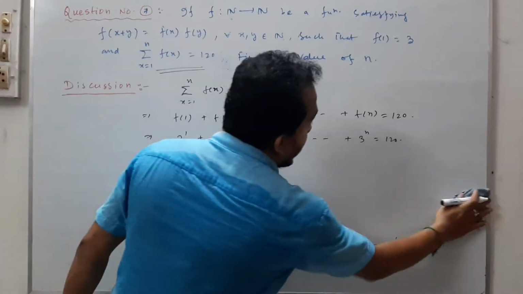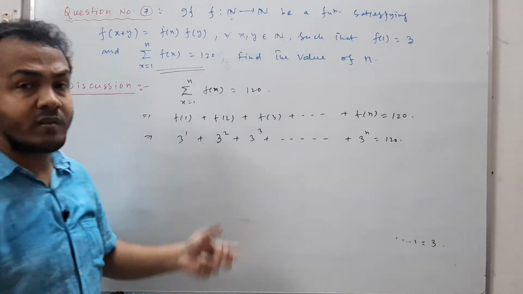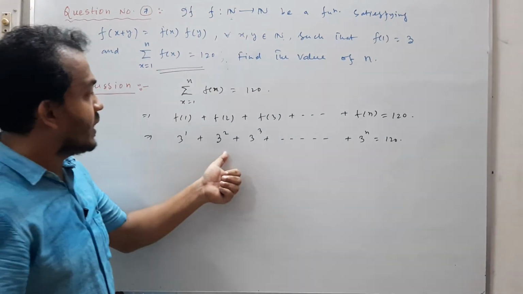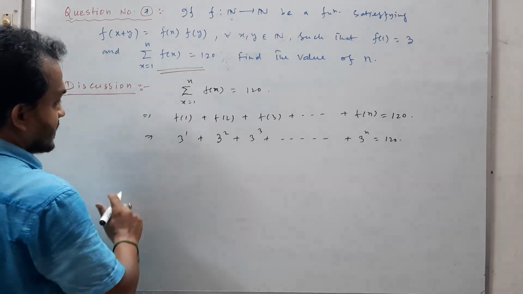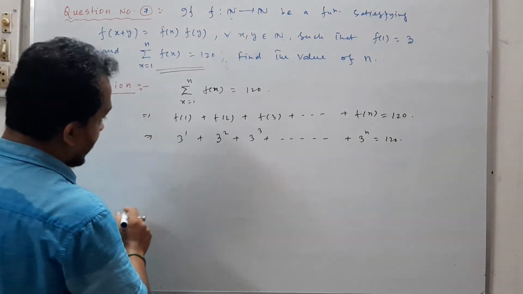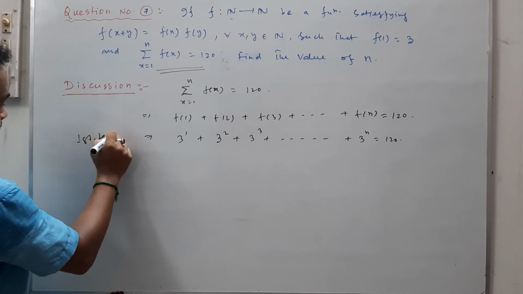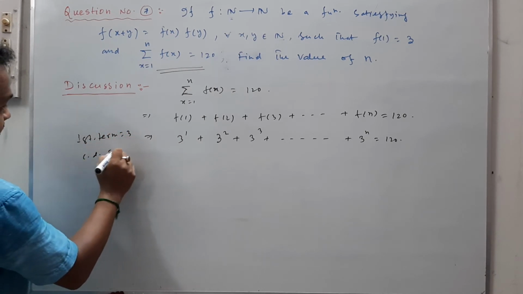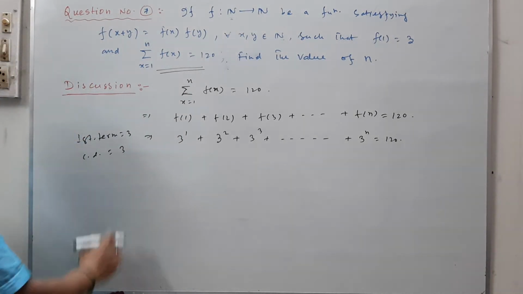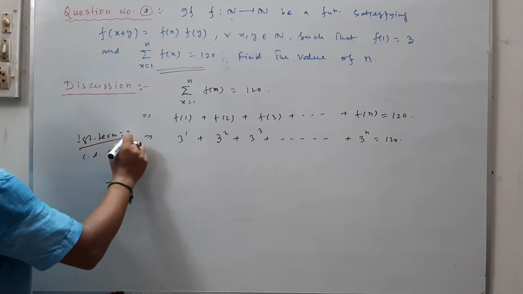This series is a GP series, a geometric progression, because the terms are 3, 3 square, 3 cube, ... 3 power n. The first term is equal to 3, and the common ratio is also 3. If we divide the second term by the first term, we get 3 square by 3 equal to 3. So the common ratio is 3, and the first term is also 3.